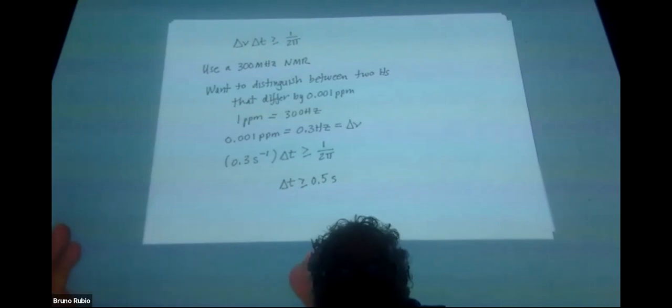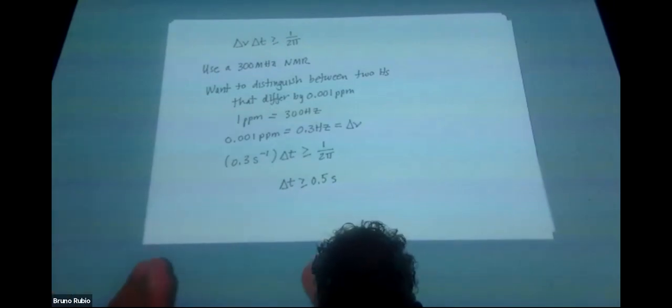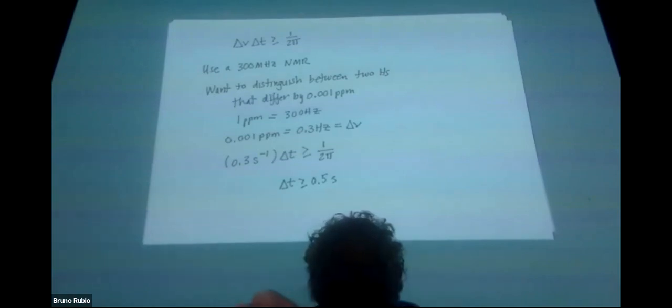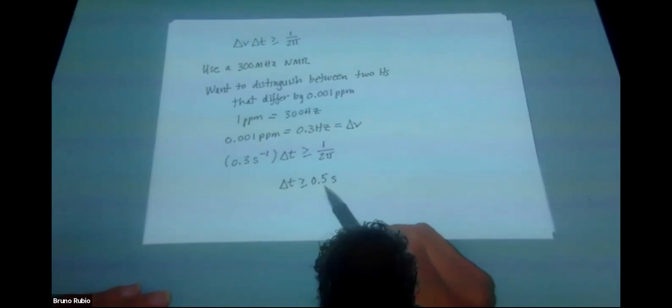So this is why at 25 degrees C, cyclohexane gives us only one peak, because we know that the cyclohexane is going from one chair to another chair hundreds of thousands of times per second. The lifetime of one chair is much, much less than delta T equal 0.5 seconds.